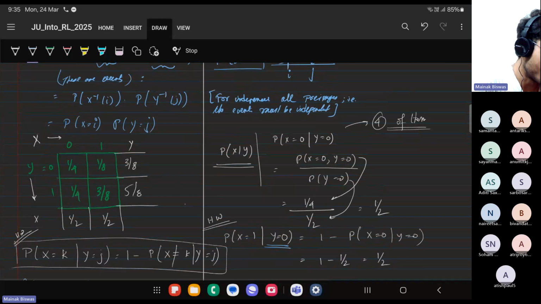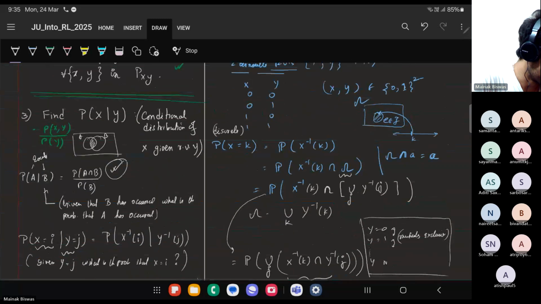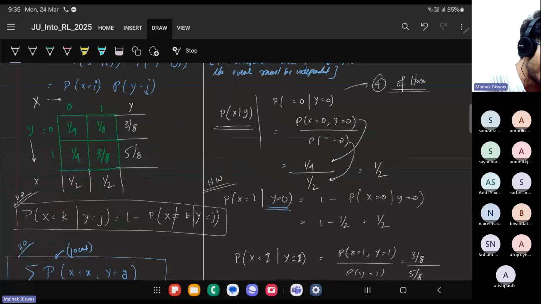So this should be x equal to 0. I think we were finding y given x or x given y. I don't remember, but x given y only we found. So this should be y equal to 0. It doesn't matter. We'll put it the other way around. It will help in our calculation.